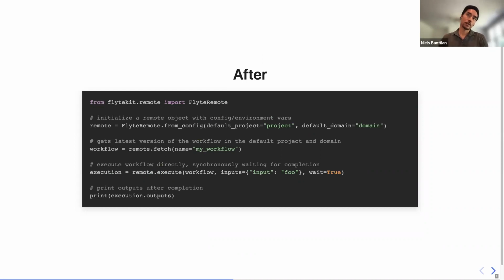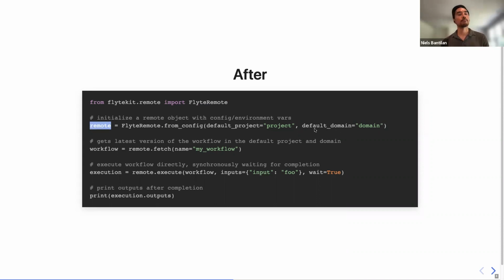So now after, the code doesn't look super different, but I'll highlight the main differences in a second. You can see here that I'm doing one import of this FlyteRemote class, and I'm instantiating this object from configuration. So this initializes a remote object with a default project and a default domain.